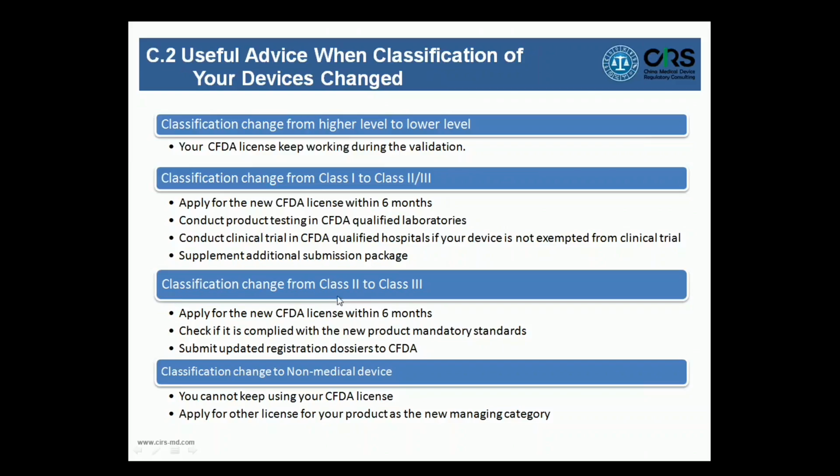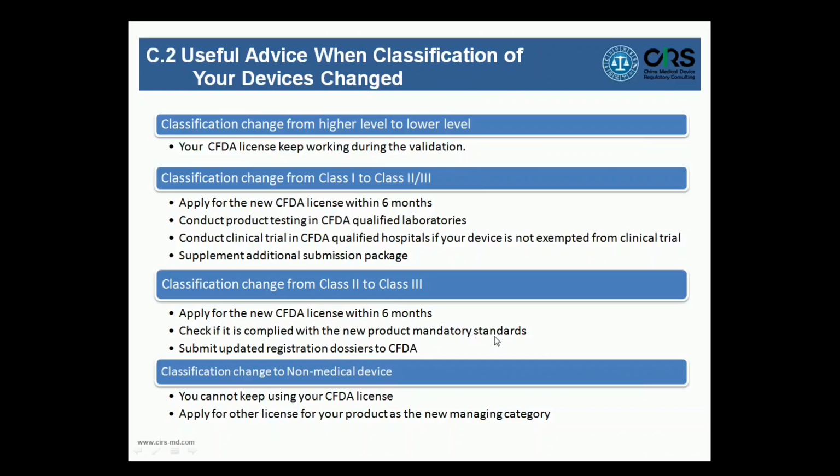And if it changes from class 2 to class 3, then just check if it is compliant with the new product mandatory standards. And if yes, then nothing has changed. Just apply for the new license and give your last submission dossiers to CFDA.